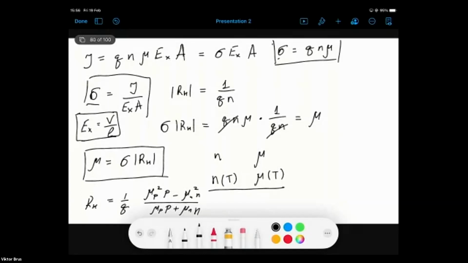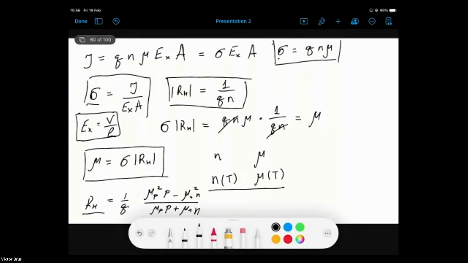And that's why we cannot apply the approach which we used before in the case of unipolar conductivity in order to calculate unknown concentration of charge carriers, because here Hall coefficient will depend not only on concentration of one type of charge carriers, but on both concentration of electrons and holes and mobilities of electrons and holes. And in this case, additional measurements are required to deconvolute all these unknown parameters.